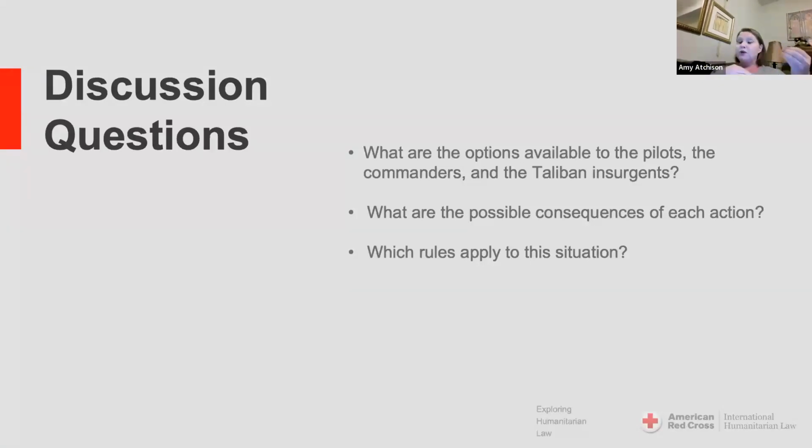And so you'll get one group that's like, heck no, you can't do it. There's a child there. Another one's like, well, if it's strategic and it's an imperative and there's military necessity, then theoretically you could. So trying to tie all of those different scenarios back to the rules. So I'll usually put up a slide that has the main principles of IHL on it. So then that helps them think about how those different scenarios apply. Yeah.